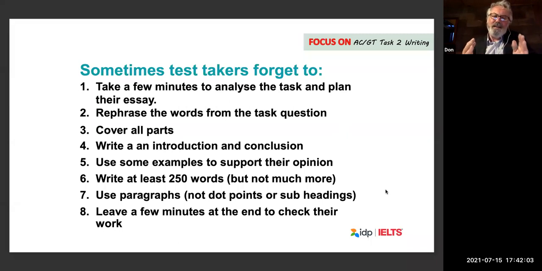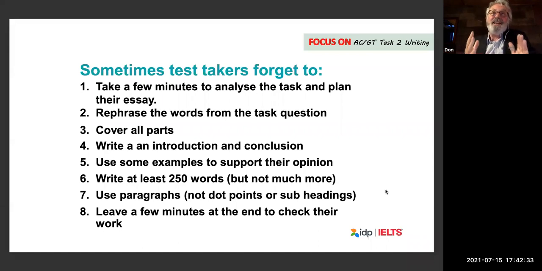Sometimes people forget to cover all parts. Be careful about that. Sometimes people forget to write a proper introduction and a proper conclusion. This affects how the essay is read by the reader. It confuses the reader. It begins too abruptly and it finishes too abruptly.